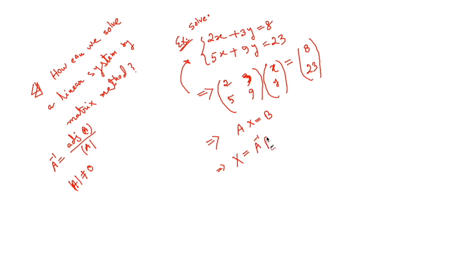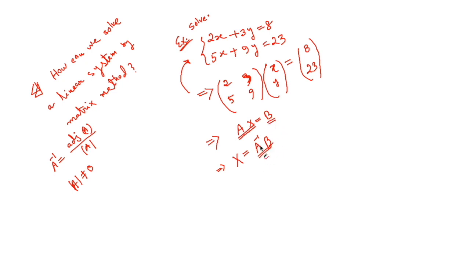A inverse B. Since if you take A from the left side and want to put it in the right side, it will move to the right side as A inverse, and it will keep its position. A is on the left in the left side, so in the right side it will also keep its position.